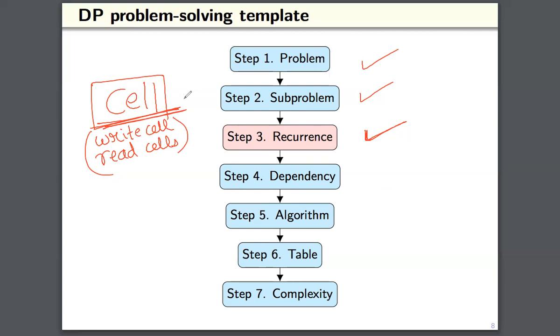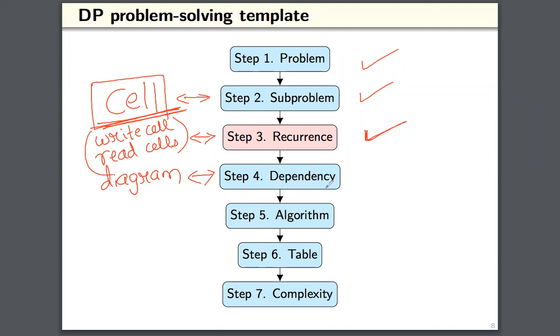Okay, so a subproblem is nothing but a cell. A recurrence is nothing but a relationship between cells: how to write one cell using other cells. And the dependency, the same recurrence, is shown in a diagrammatic way here. Show a diagram. That is the dependency diagram.